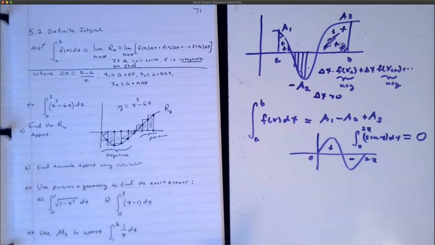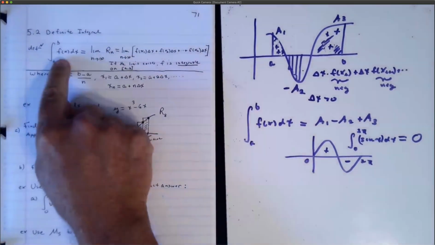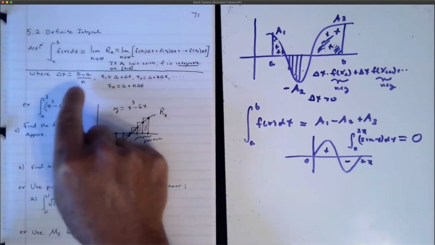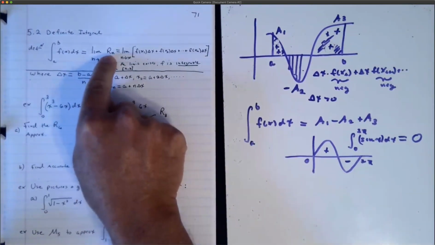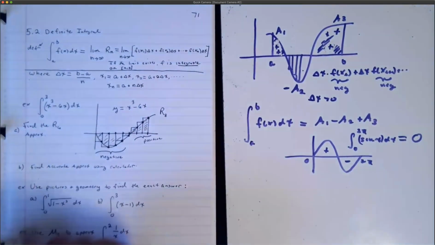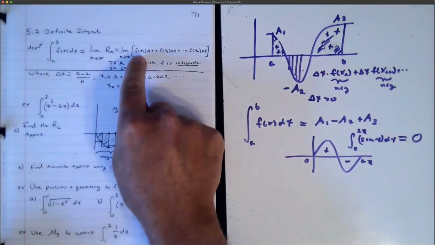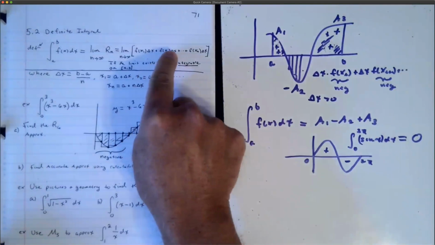Okay, so let's take a look at the definition again. The integral from a to b of f of x dx is the limit as n goes to infinity of the right approximation Riemann sum for your function. So it's a sum of height times base, height times base, height times base.